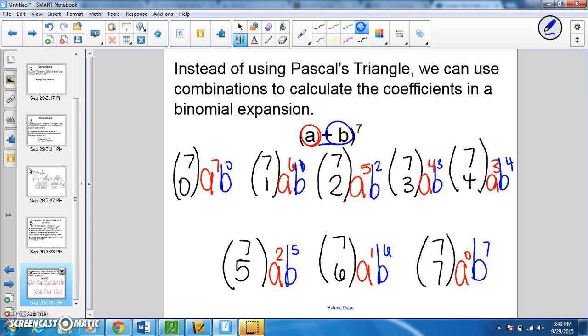Since we have addition, we're going to be adding our terms. And now we're going to use our calculator to find what all of these combinations would be.